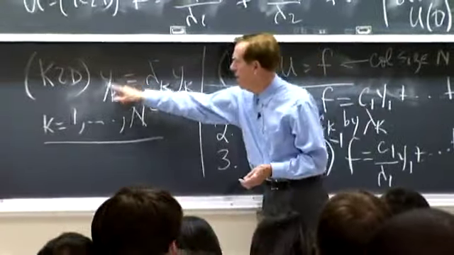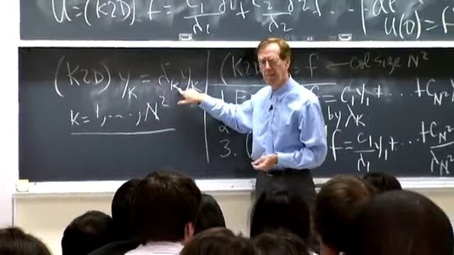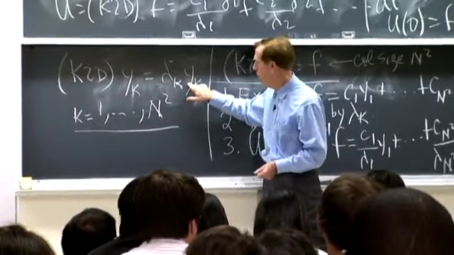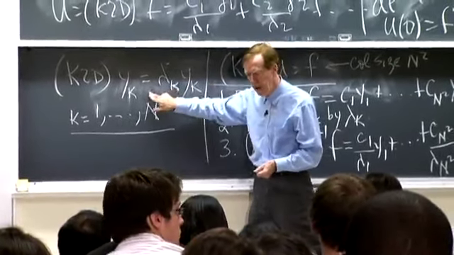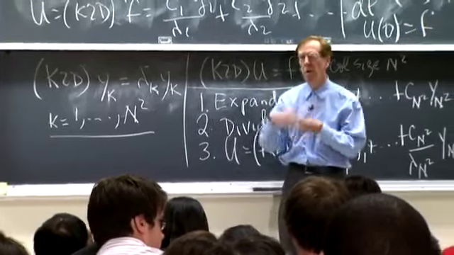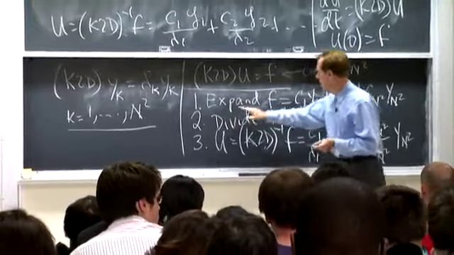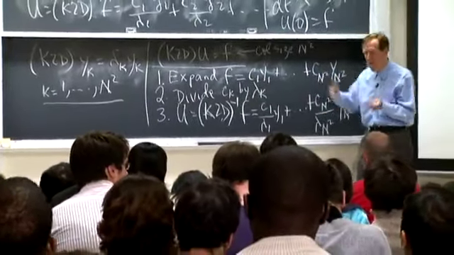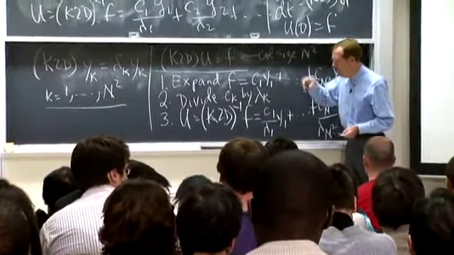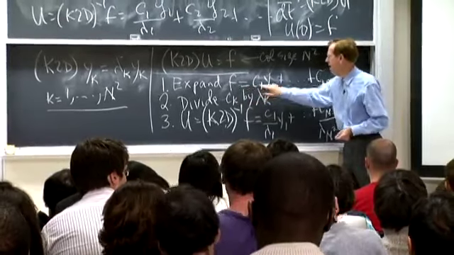In other words, these y's and lambdas that I said we knew, these eigenvectors, are pure sine vectors. So this expansion is a sine transform, S-I-N-E, a pure sine transform.